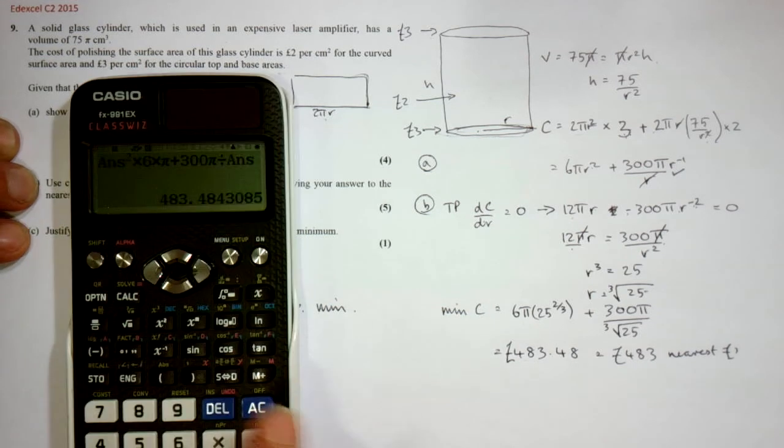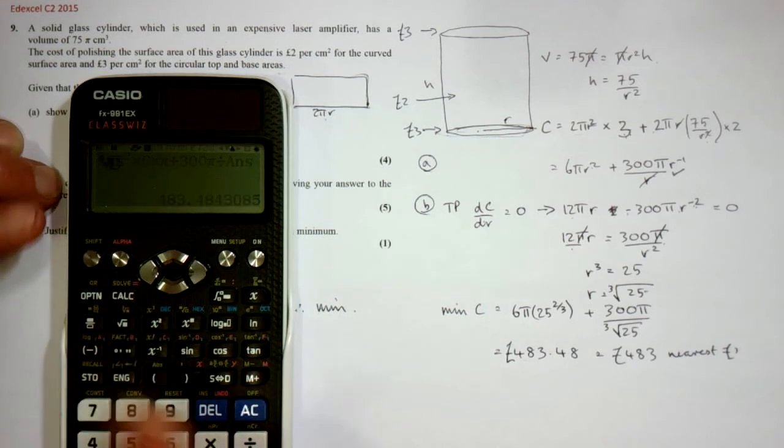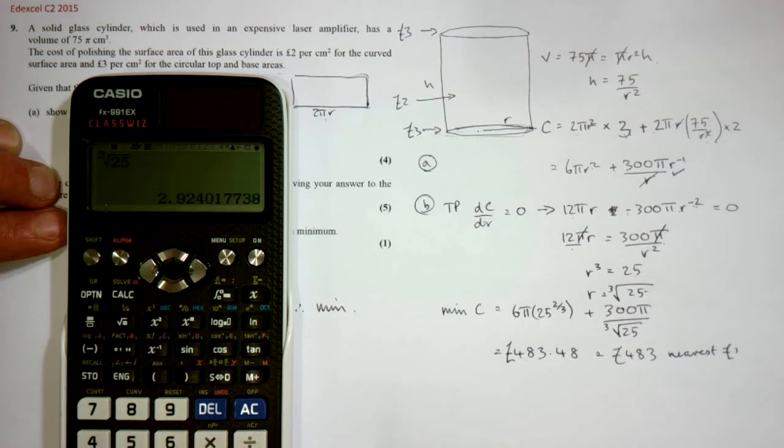So the cube root of 25 is equal to 2.92. Let's do a check here.